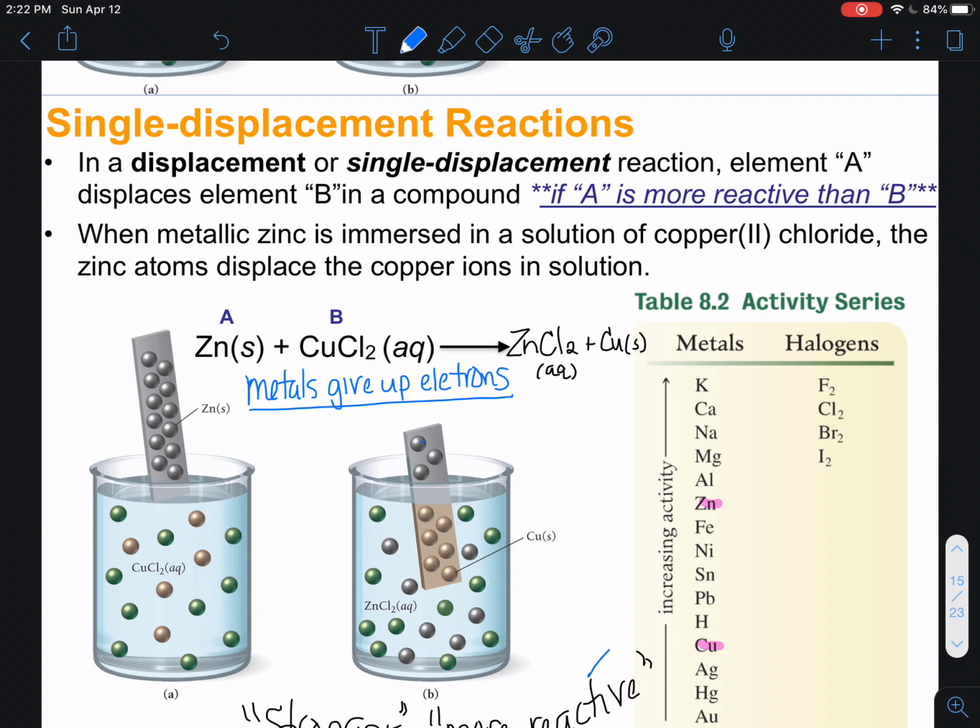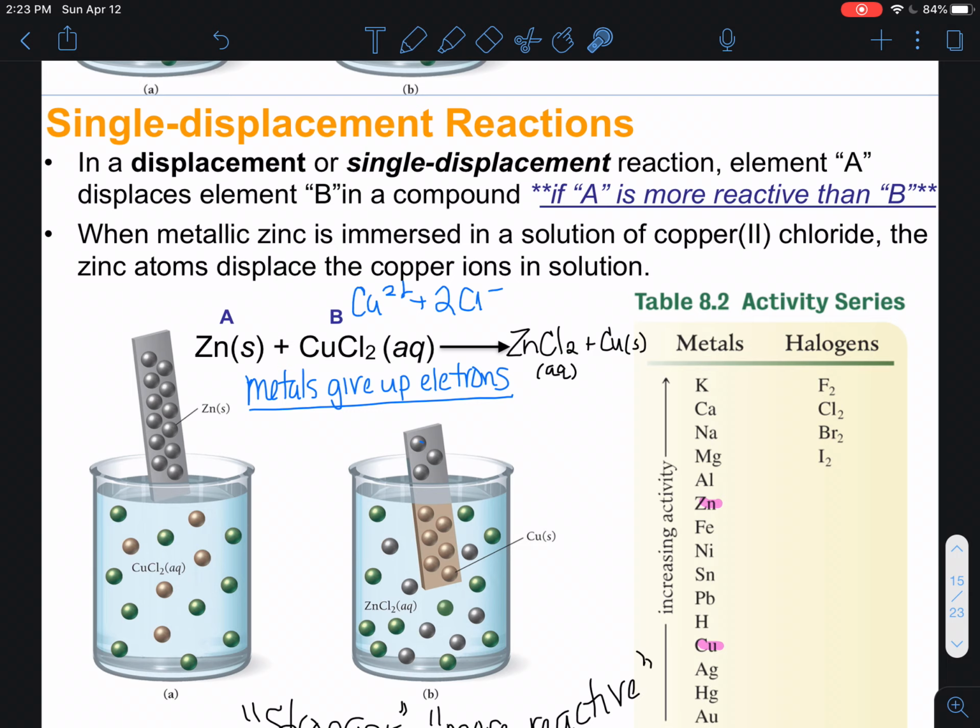So if we were to break this guy up, it would be Cu2+ and 2Cl minus. Those two extra electrons on chloride are there because copper gave them to chloride. But when zinc comes into the situation, since zinc is more reactive, it wants to give up its electrons more than copper.